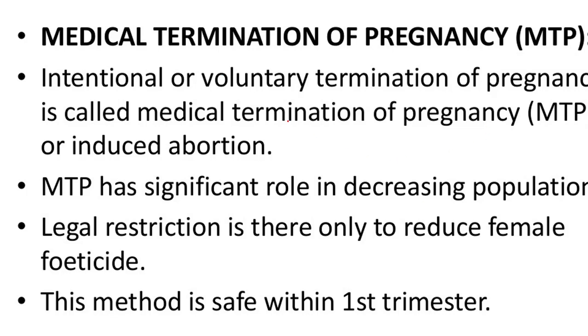And the last is medical termination of pregnancy. This is a biological term, medical termination of pregnancy. In general language, we call it abortion. So if a couple by chance gets pregnant and they don't want the baby, then they have to go for medical termination of pregnancy. It is safe during the first 3 months of pregnancy, and it is not freely legally allowed because of female foeticide.